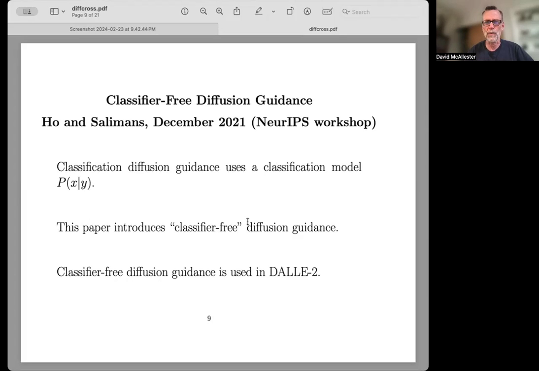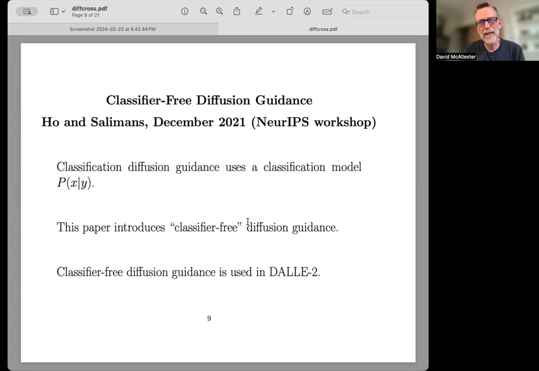So the previous one was classifier guidance. In classifier guidance, we've got an unconditional model of images, a probability model over all images, and we've got a classifier. And we're looking for something that's got a high probability over the probability of all images, and which is clearly classified correctly to be in the class you're trying to model.